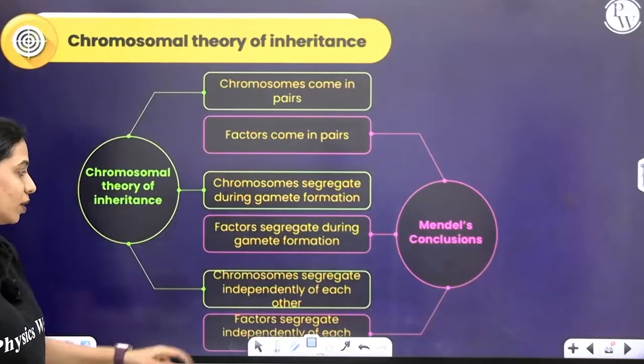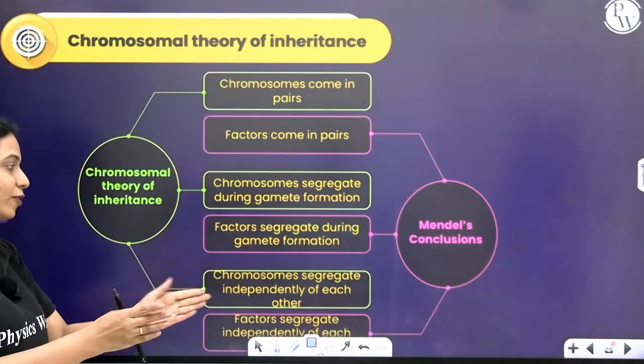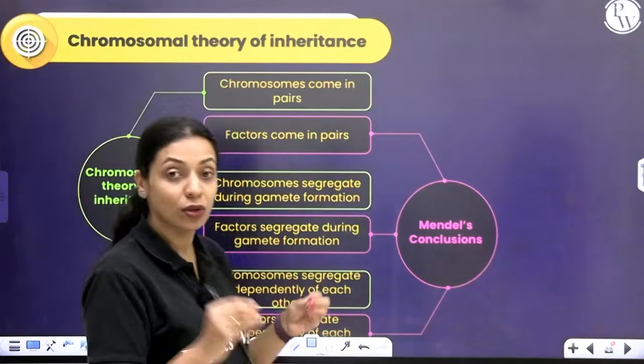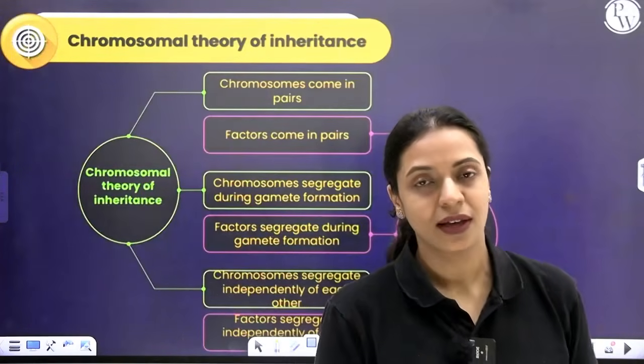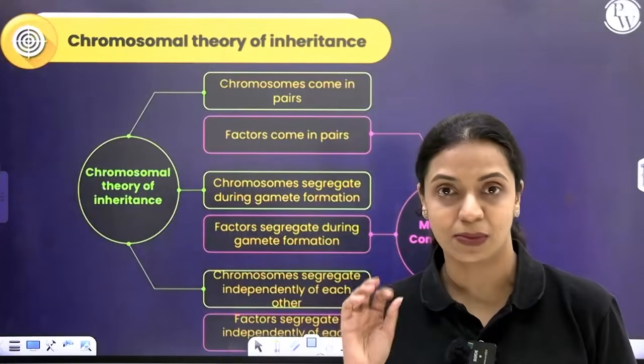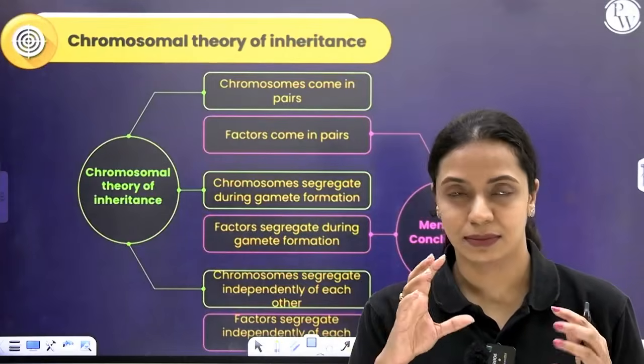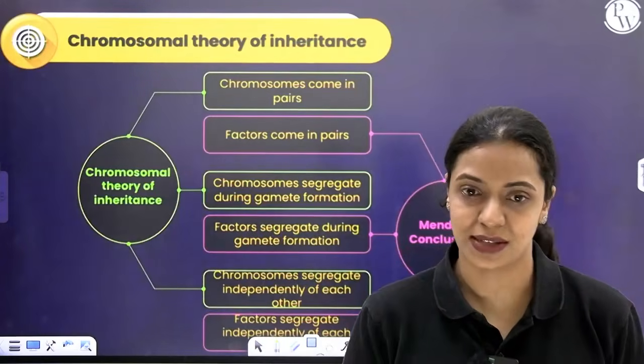Similar to how Mendel said factors segregate independent of each other, we see that chromosomes also segregate independent of each other. So ultimately they said that whatever factors or genes Mendel is talking about, they are present on the chromosomes themselves.